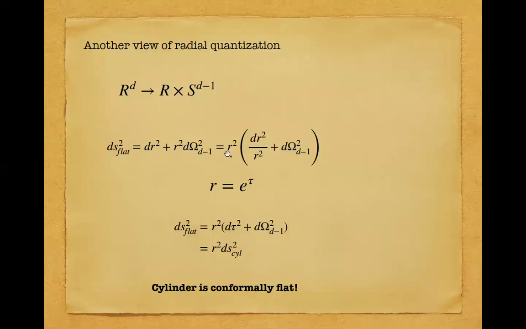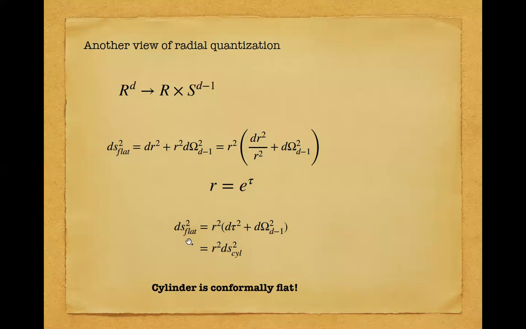Then I can take this r squared common and write down this thing in the bracket like this. And then I can take, suppose r is e to the power tau, then this particular quantity would become like this, right? And you can see that this is nothing but the metric on a cylinder, right?